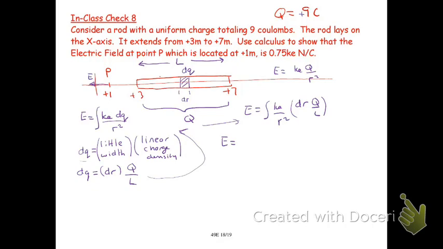Ke is a constant, Q is a constant, and L is a constant. The R is not a constant. The R is the variable. So I have the integral of 1 over R squared dr.